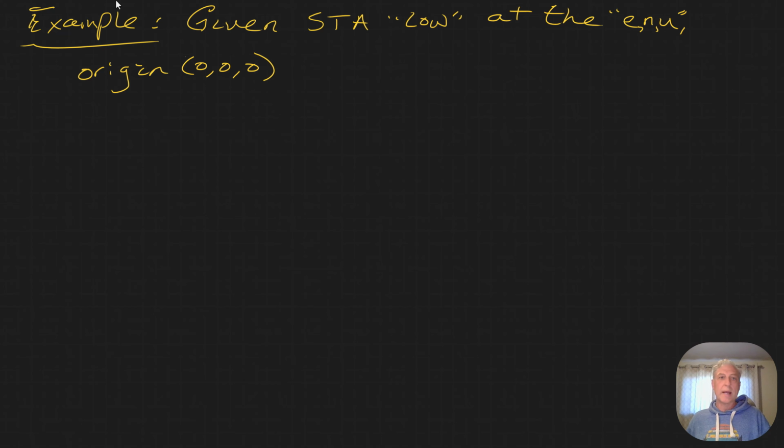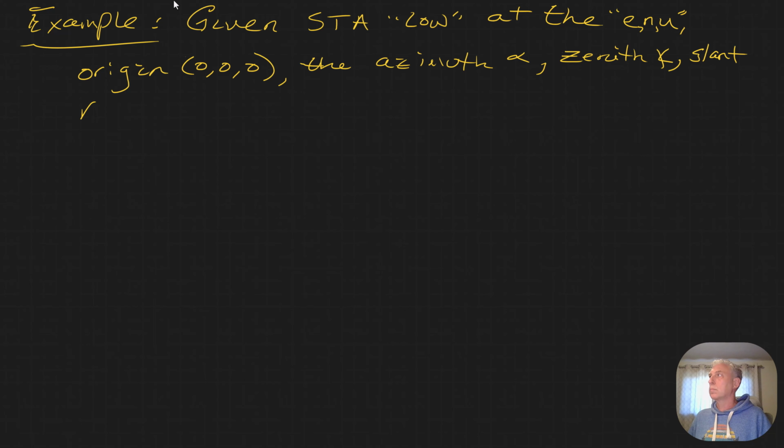So station low is at the origin. That would be our instrument station. The azimuth, alpha, and the zenith angle, and the slant range or slope distance, are as follows.